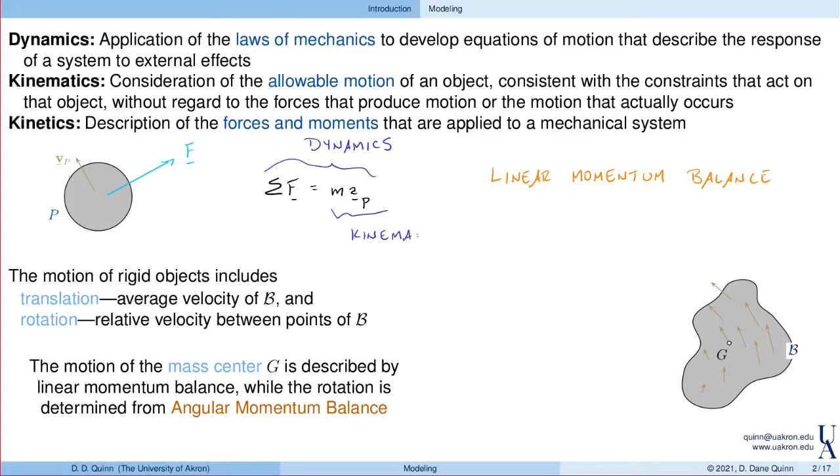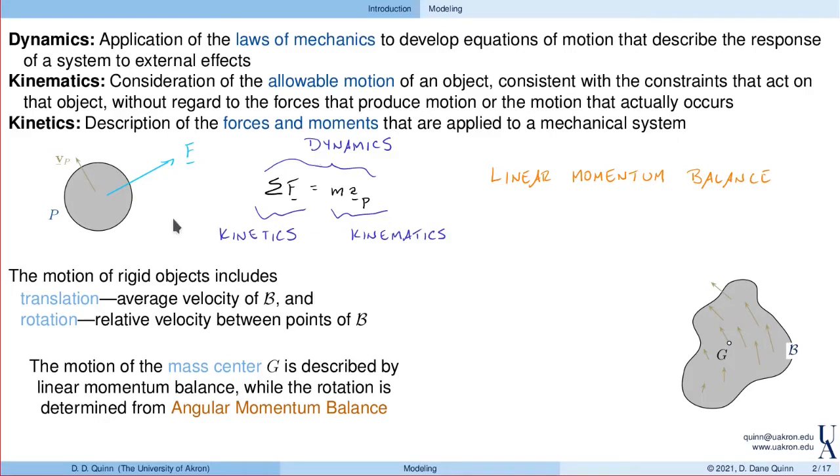So the right-hand side is the kinematics. And then the left-hand side is the kinetics, right? So a description of the forces. Again, we take the forces that act on a system, we take what could happen, and we put that together using momentum balance to develop our dynamical equations.